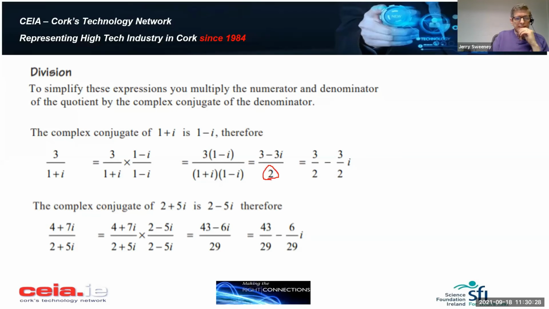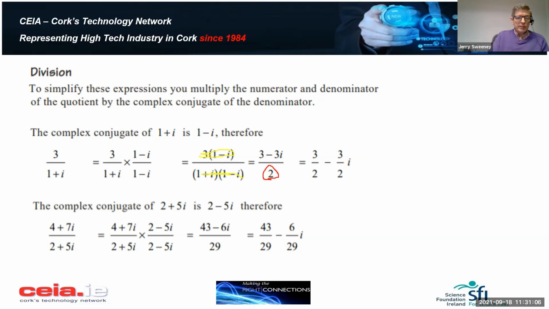So let's do the multiplication. We're multiplying above and below by 1 minus I. Above the line, we get 3 times 1 minus I. And below the line, we get 1 plus I multiplied by 1 minus I, which gives us a squared plus b squared, which is 1 plus 1, which is 2.